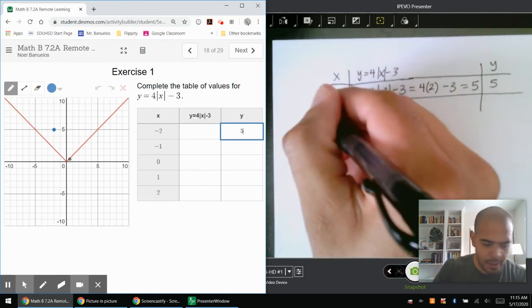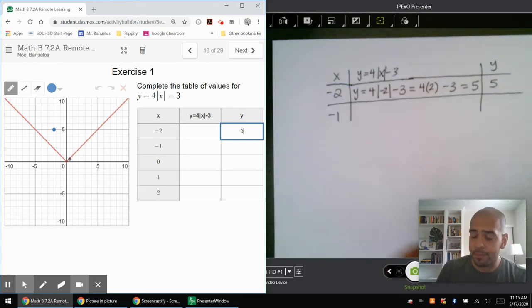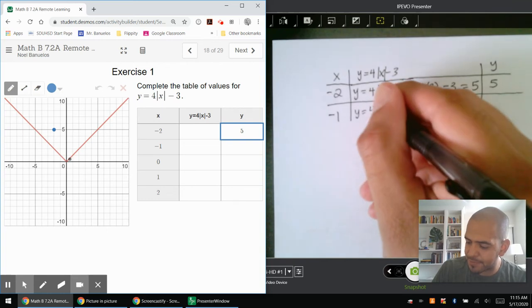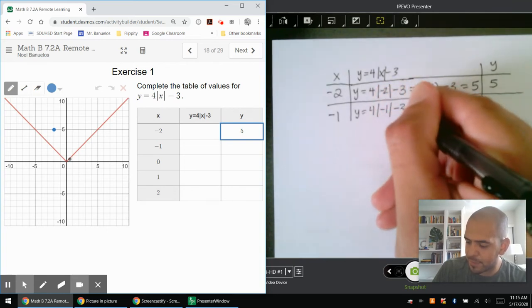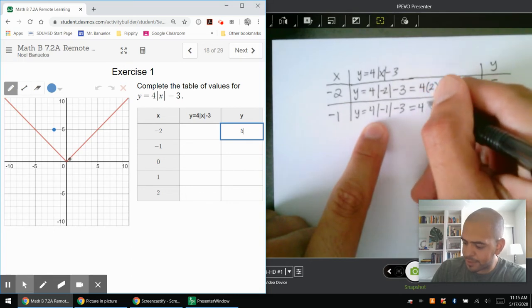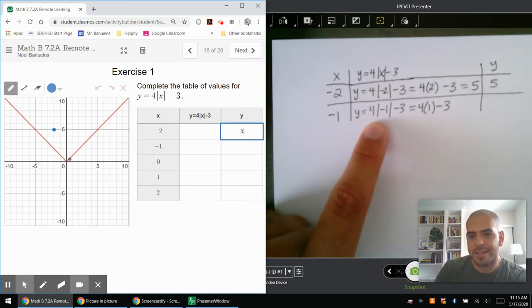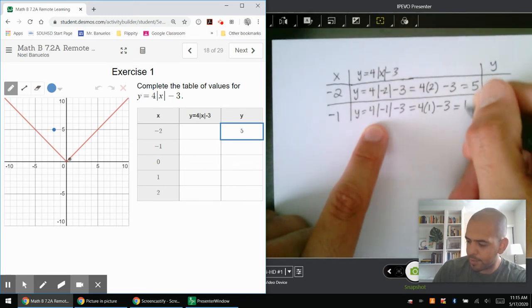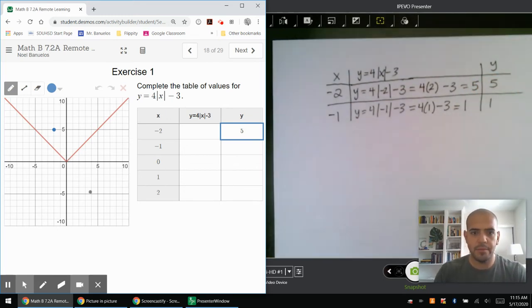Next, -1. We're going to plug that in. y equals 4 times the absolute value of -1 minus 3. Take the absolute value of -1, which is +1. So 4 times 1, take away 3, is just 1. So my y value is 1.